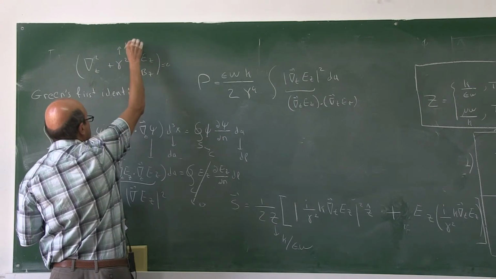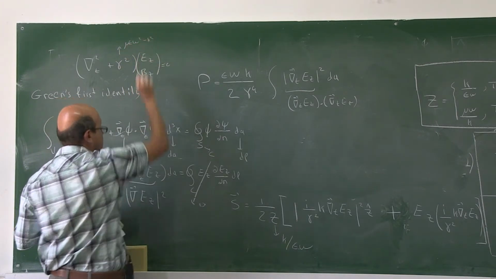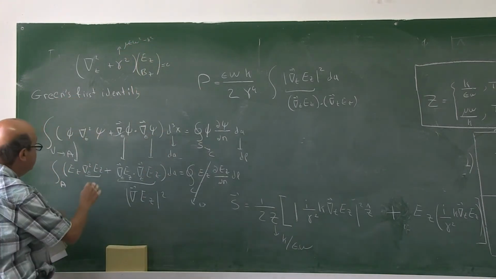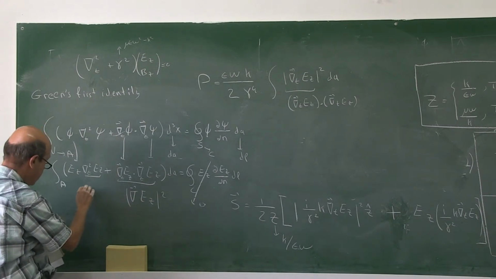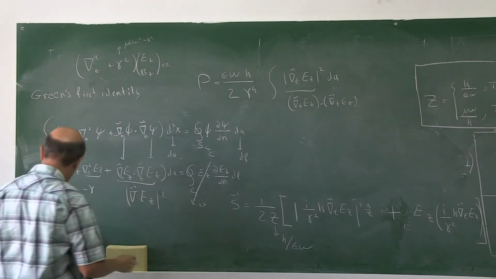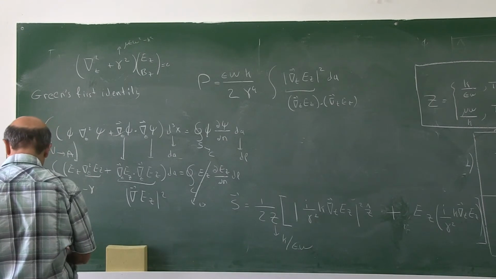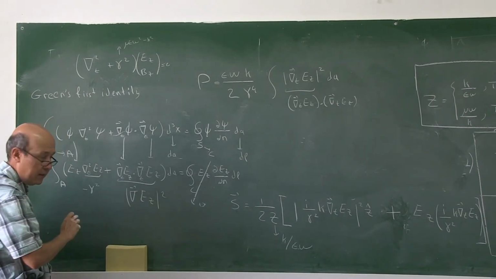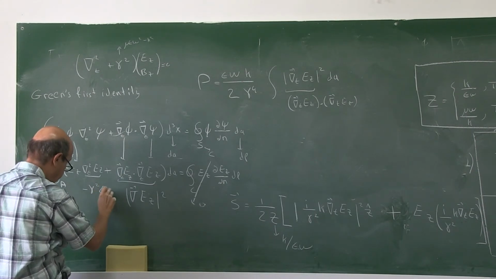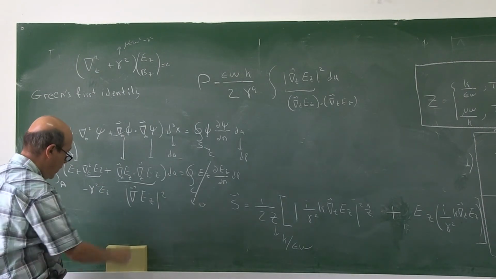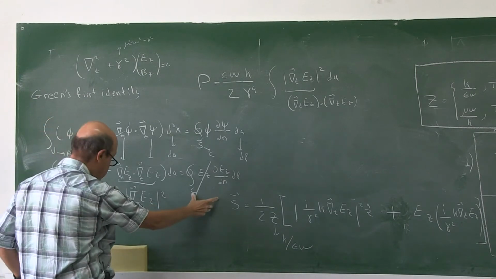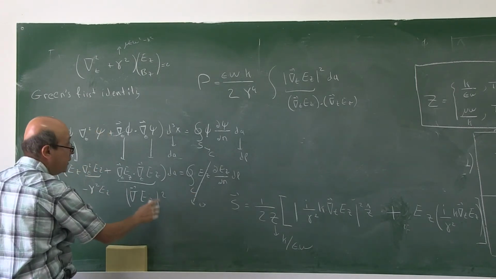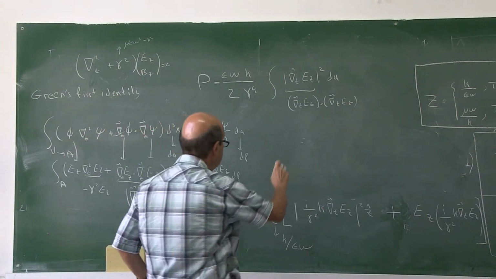Mu epsilon omega square minus k square. So basically you can write, instead of this, minus gamma square Ez. You are looking at this term is 0, so that integral is equal to the following.